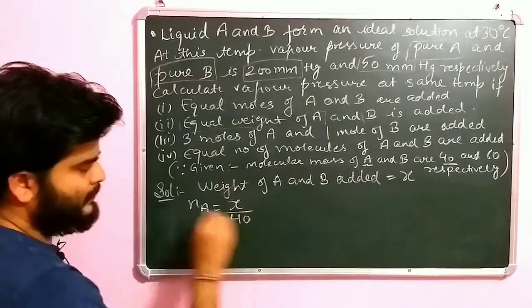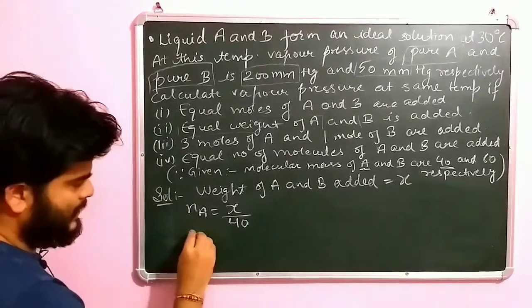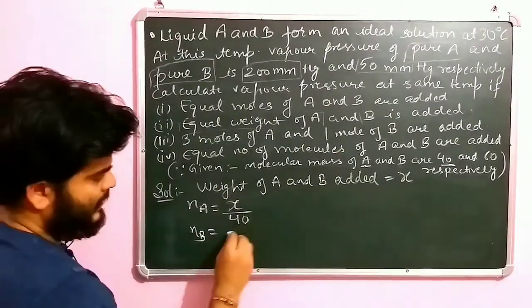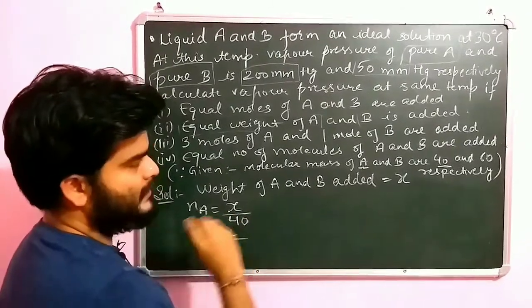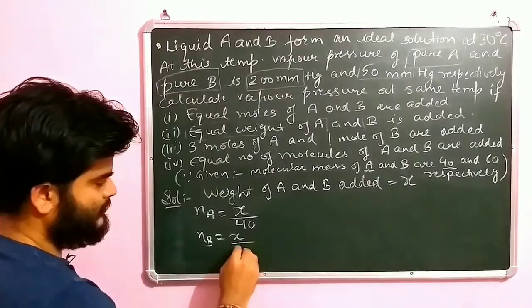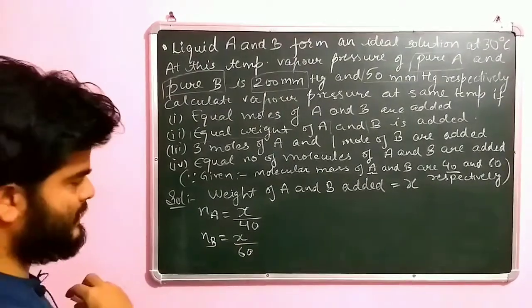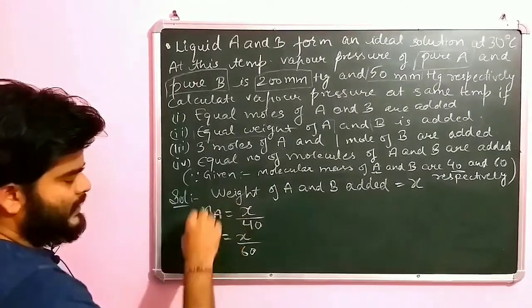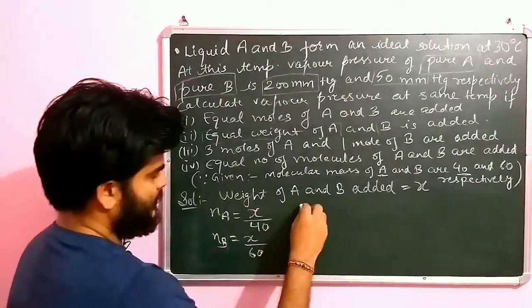So given mass upon molecular mass. Similarly, number of moles of B, as given mass is X and its molar mass is this. This is the case.